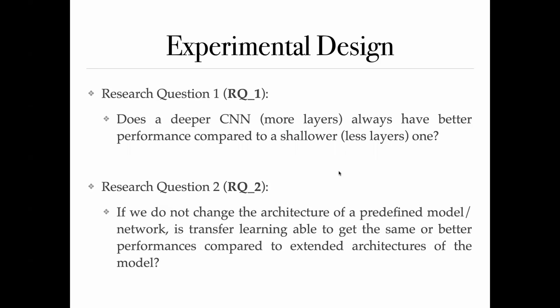People talk very highly about transfer learning, and this is a very interesting technique. But we want to see whether transfer learning in our context is good enough in very challenging situations, with images very different from the ones used precisely to pre-train the models.